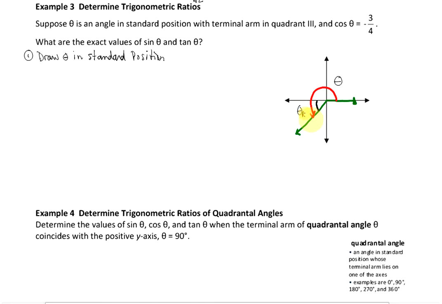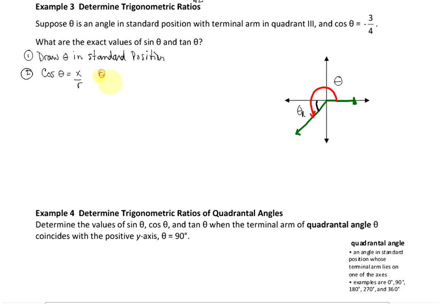Okay, now we do know that cos of theta is negative 3 over 4, so we are going to get some information from there. So in our second step, we want to determine what that is. Our formula to determine cos of theta is x over r.